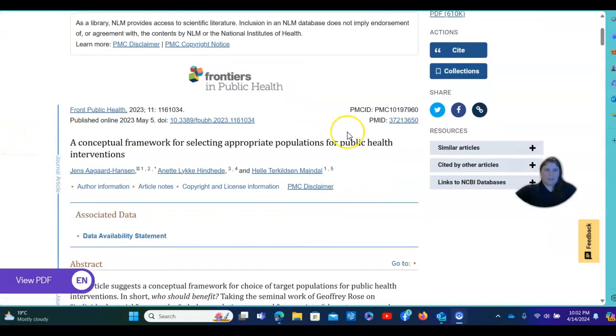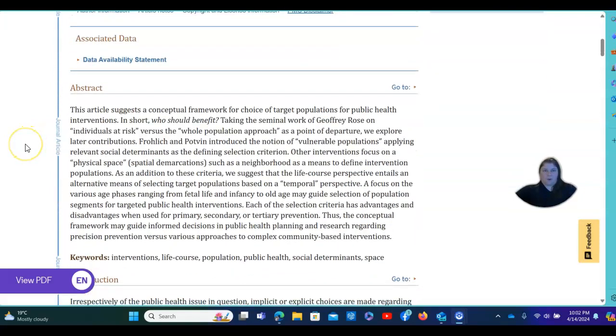published in Frontiers in Public Health last year, and it looks at different frameworks for how you can select appropriate populations or target audiences for a public health program or intervention. So with this article, the authors look at different ways of thinking about selecting your population.